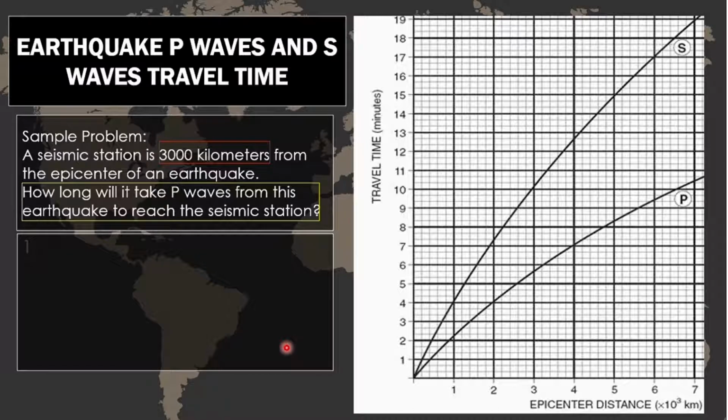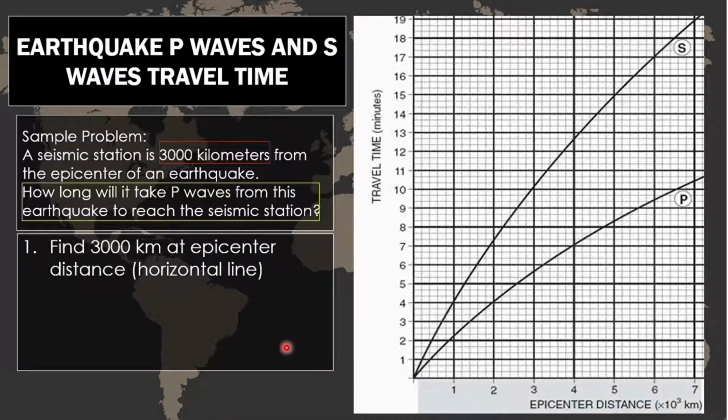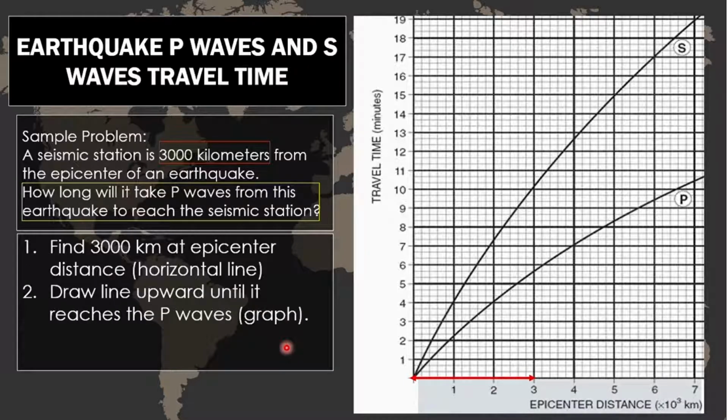Find 3,000 kilometers at epicenter distance, horizontal line. Draw a line upward until it reaches the P waves. Identify the arrival time of P waves.